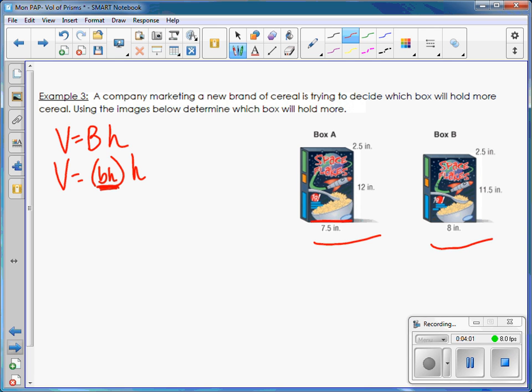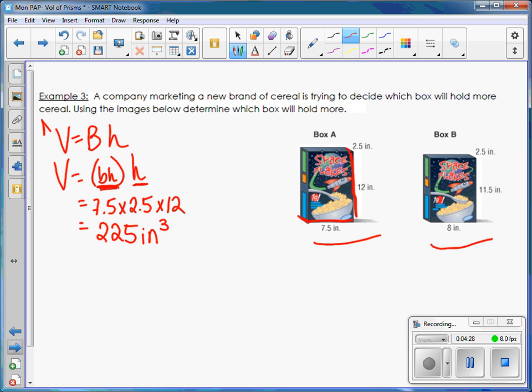So on this, here's my base at 7.5 and 2.5. I found that out using that measurement over there. So 7.5 times 2.5. Now this represents, remember, the height of the prism, which is 12. So just to speed things up, I'm not actually going to multiply all that out on the board. I'm just going to tell you that it comes out to 225 inches cubed.